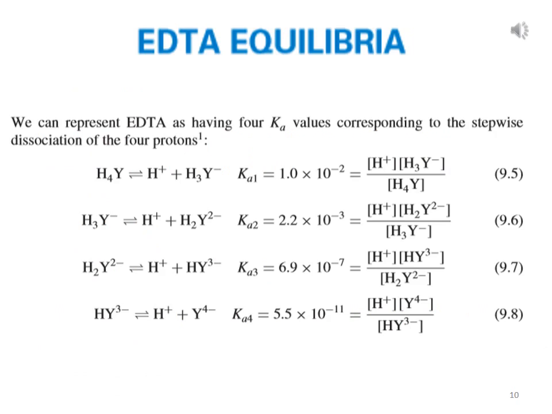So we will represent EDTA as it has 4 K values corresponding to stepwise dissociation of 4 protons. For example, in the first equation we can see H4Y, first we consider it as a tetraprotic acid, so it will dissociate into H positive ion and H3Y negative ion.